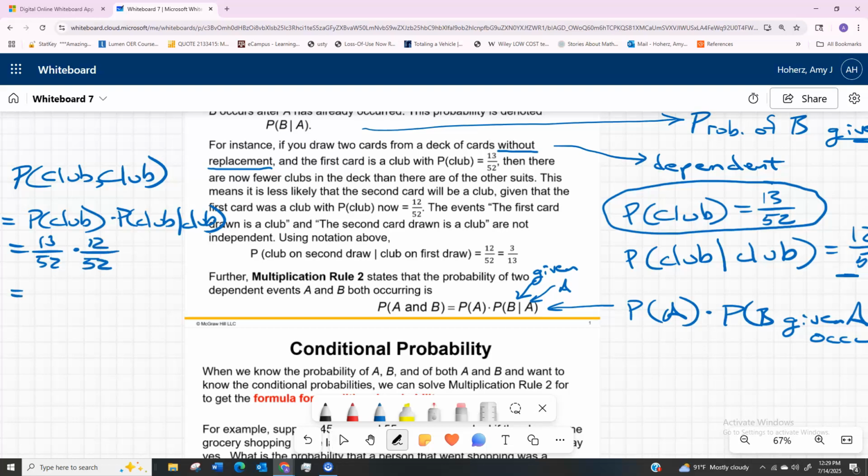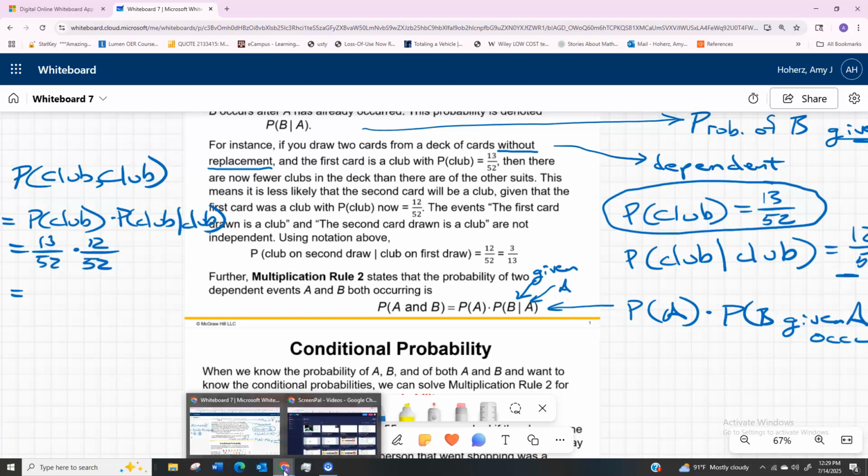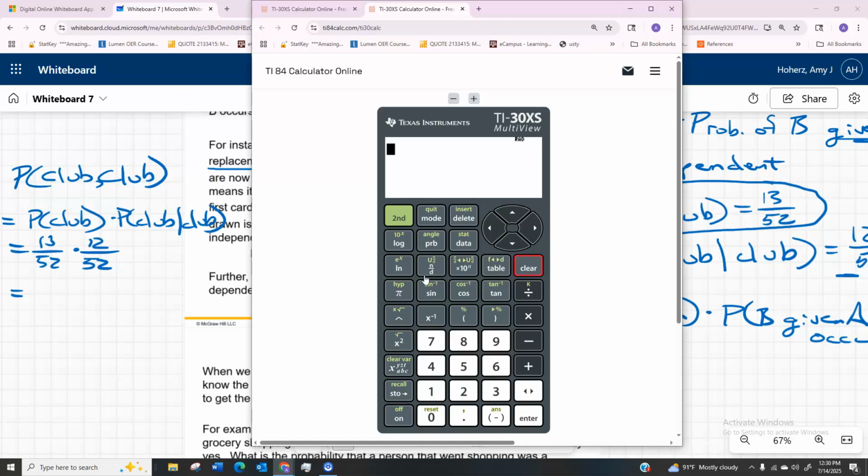And so this isn't really written on this slide, but I just wanted to go a little bit above and beyond. So if we put that on the calculator, we have 13 out of 52 for the first draw, and then times 12 out of 51. And then if we hit enter, that's 3 out of 52.